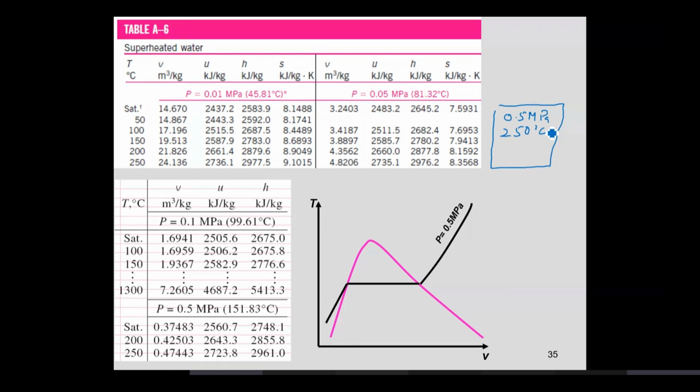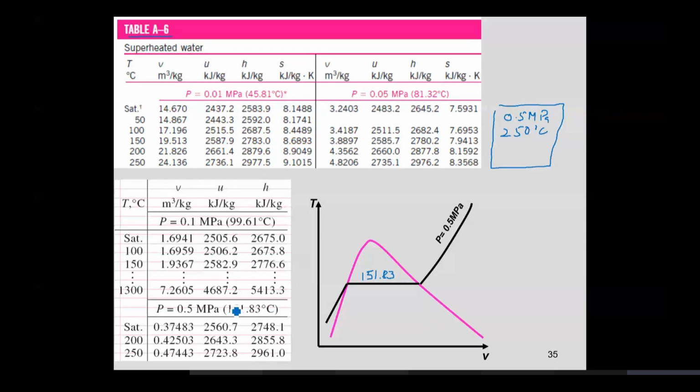In the table where 0.5 megapascal pressure is written, which region am I in? First identify the region. The saturation temperature is 151.83. The system is at 250 degrees centigrade. So which region am I in? Superheated region. So I'll go to table A6.